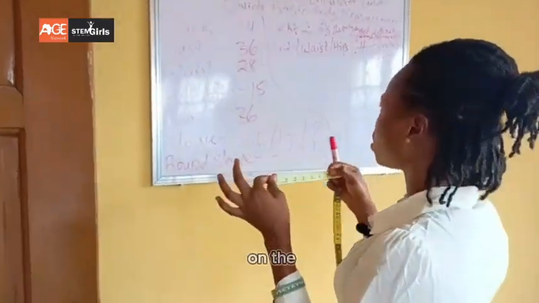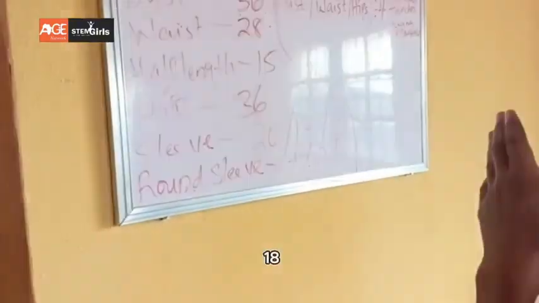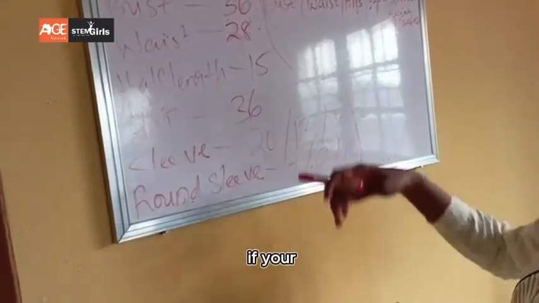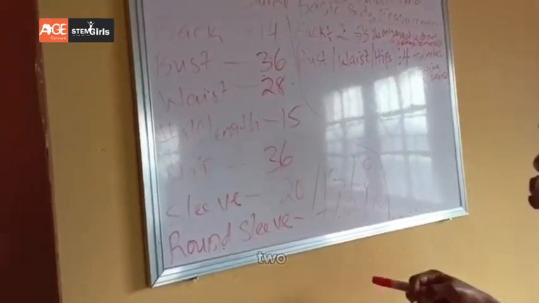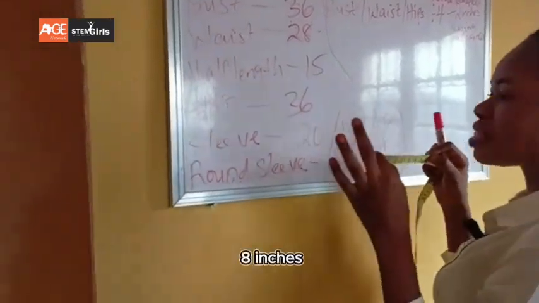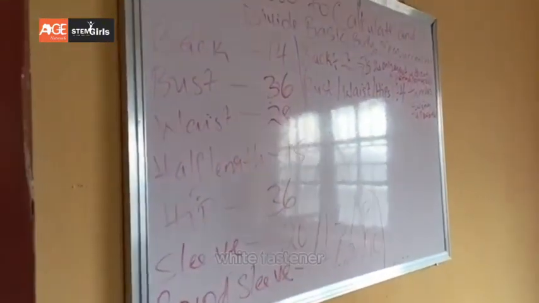If your back is 16, when you divide it into two, you are going to have 8 inches, which is exactly what you place on the cloth while cutting.